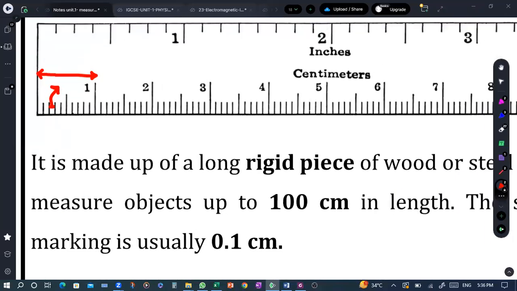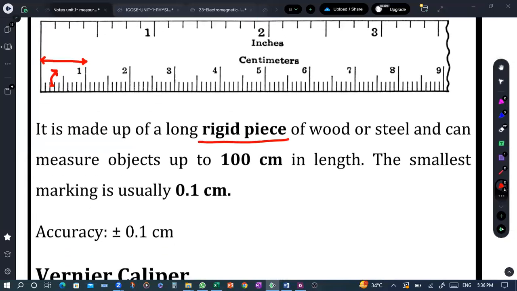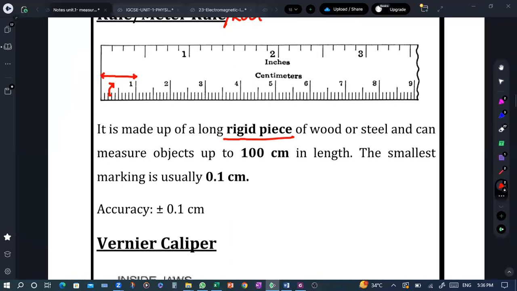So when you don't have any reading, you cannot measure it. Remember, a measuring tape is used to measure things which are curved, and a measuring rule or rod is to measure hard, rigid stuff.